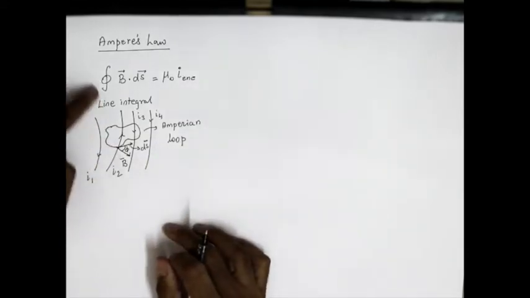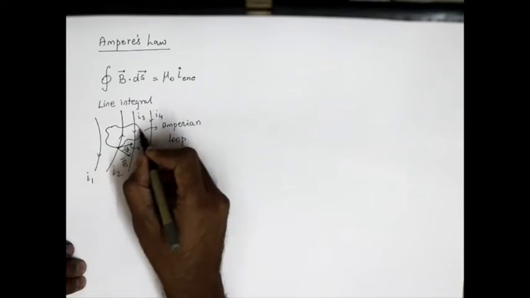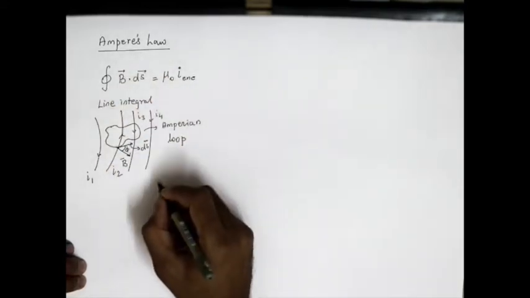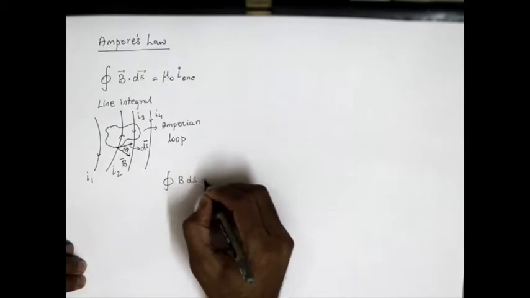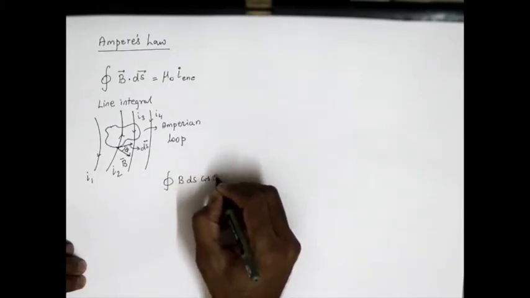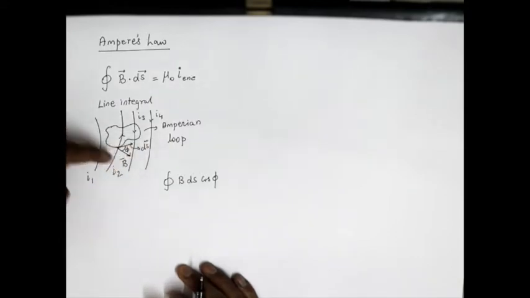So what the left hand side says is, if you want to evaluate this integral around the loop, then this can be written as integral B ds cos phi, where phi is the angle between the ds vector and the B vector.